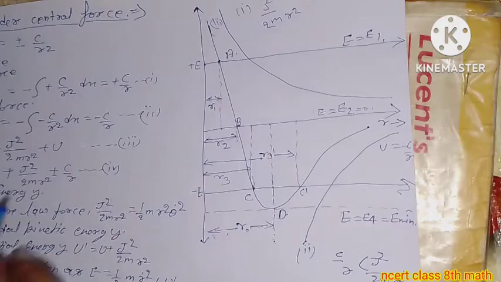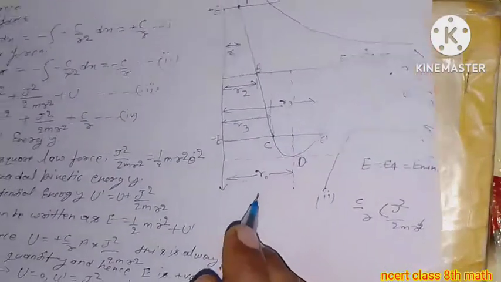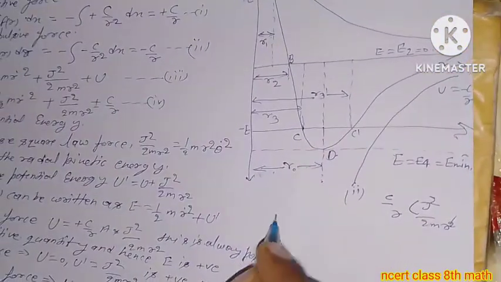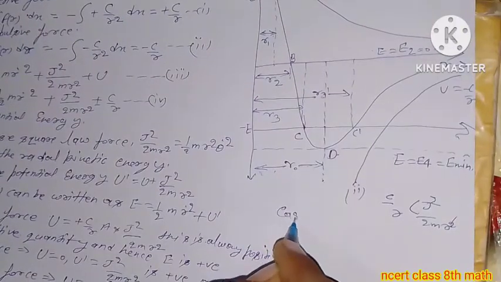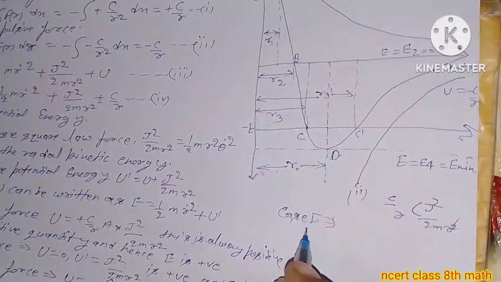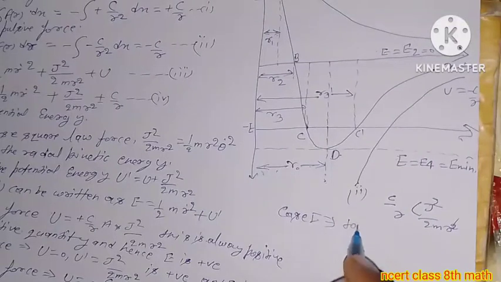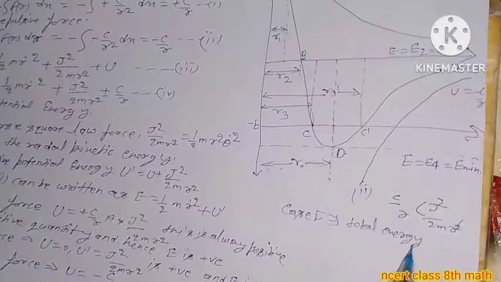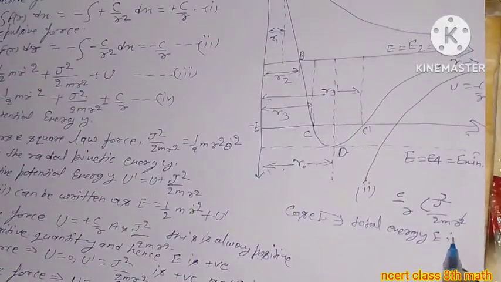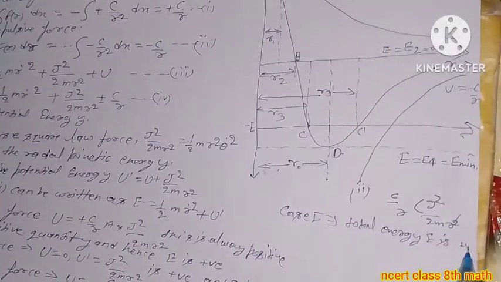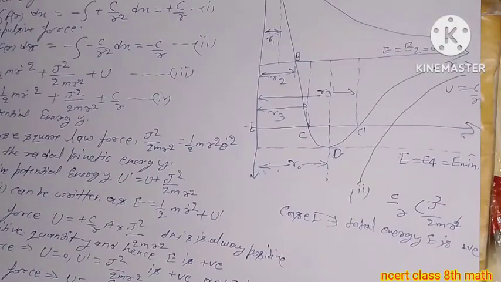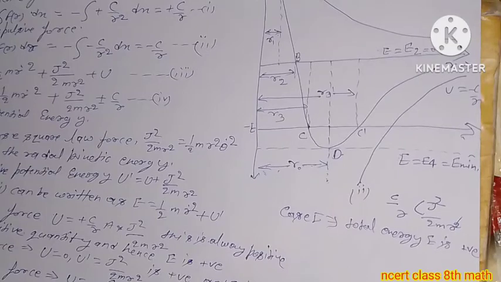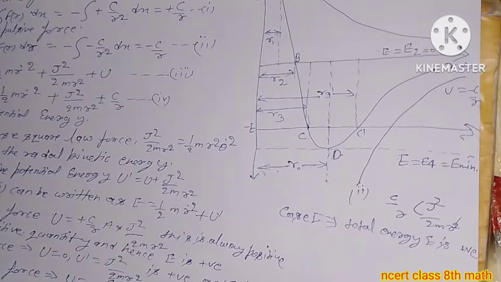Case number first. In the first case, the total energy E is positive. Suppose the particle has a total positive energy E equal to E1.